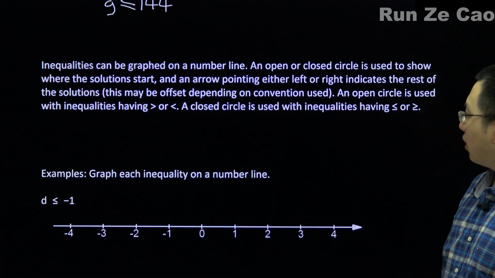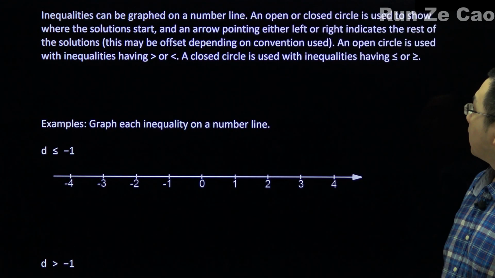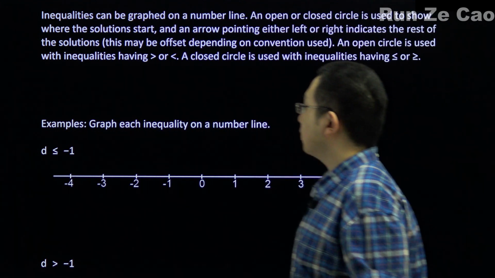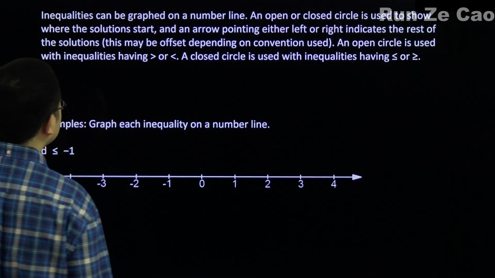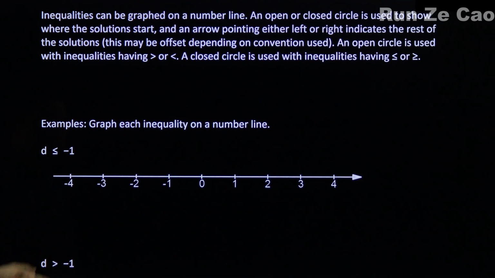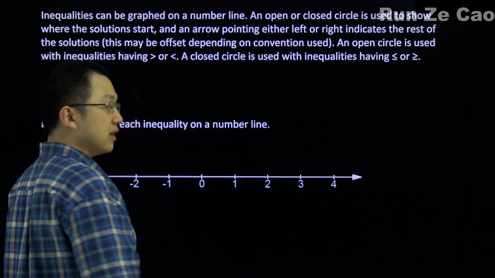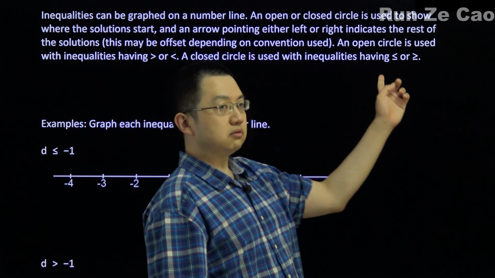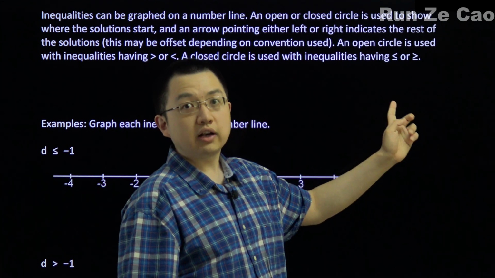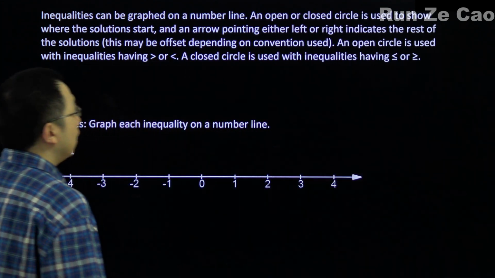You can graph inequalities on a number line. An open or closed circle is used to show where the solutions start. You use open circles for strictly greater than or less than, and you use closed circles if the value where it starts is included, i.e. less than or equal to, or greater than or equal to.